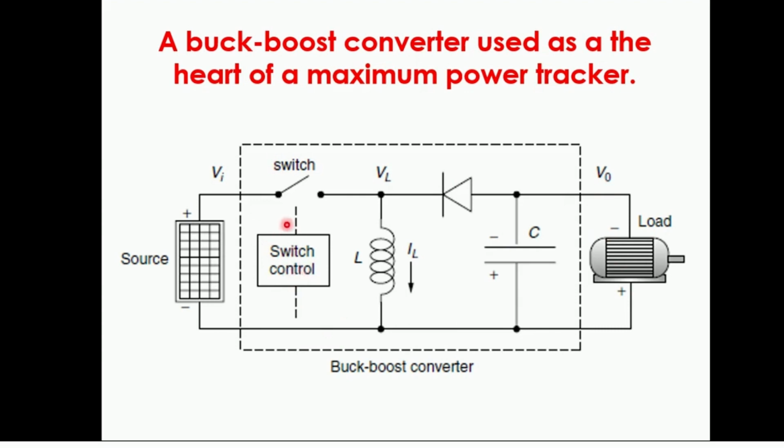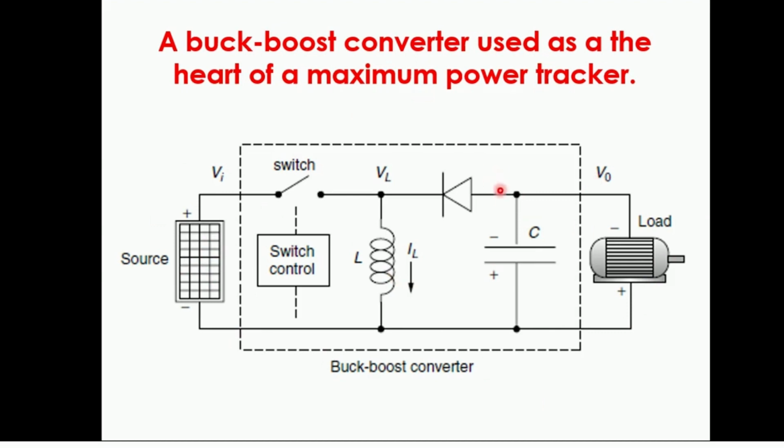In general, we generate through algorithms a pulse train which can turn the switch on and off as per the change in the climatic condition of the source, and accordingly the power flow would reach from the generator, that is the PV generator, to the load, known as the maximum power point tracker.